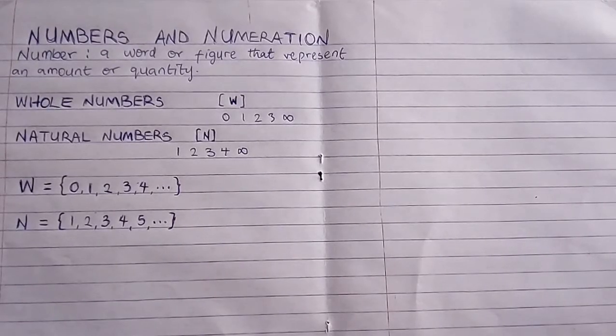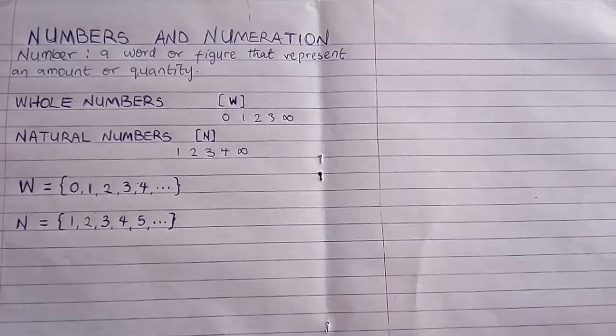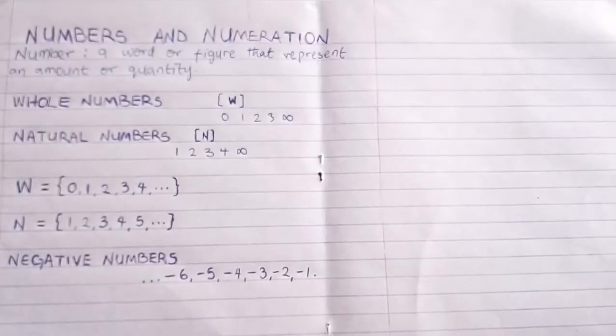Another classification is the negative numbers. Negative numbers, as the name implies, are numbers with a negative sign. You have -6, -5, -4, -2, -1, and what have you. When you look closely there, you see that our infinity sign is not here, it's here before the -6, to tell you that negative numbers are less than 0.